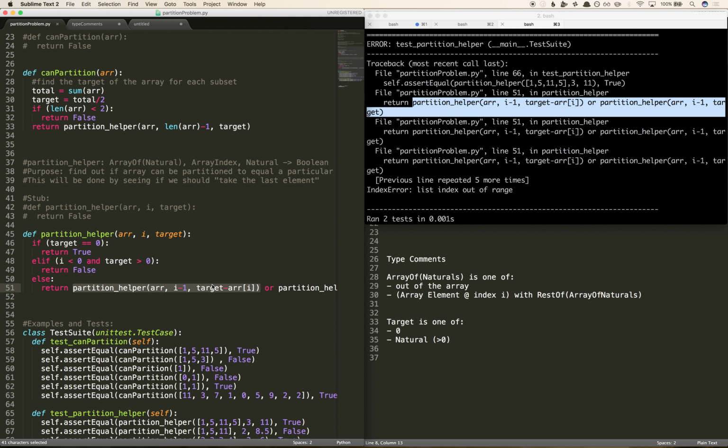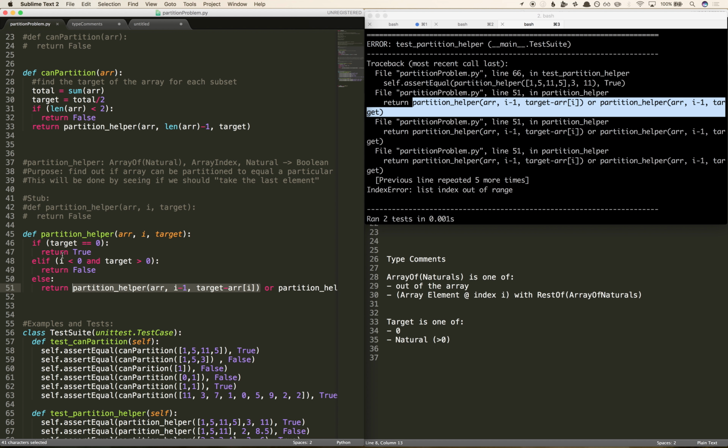So what's happening here? The target is 6, and the array value, because we're at the 11, is such that target minus array value at index i is negative. So 6 minus 11 is minus 5. So this recursive call is going to call itself with a target value of negative 5.